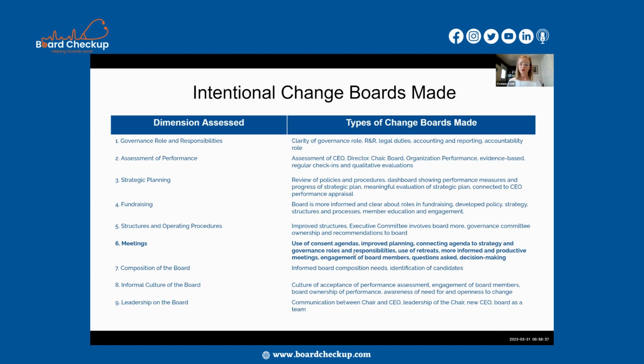There's just numerous. They're changing in so many ways around meetings, that all point to, and again, our research shows, significant improvements positively in the effectiveness of the decision process, the functioning of the board, and its impact.